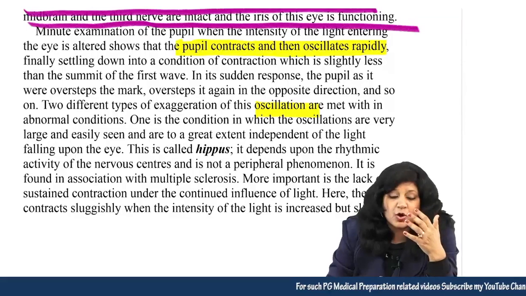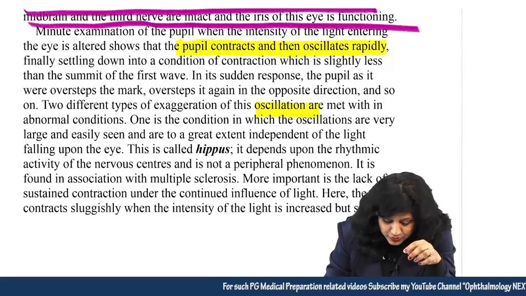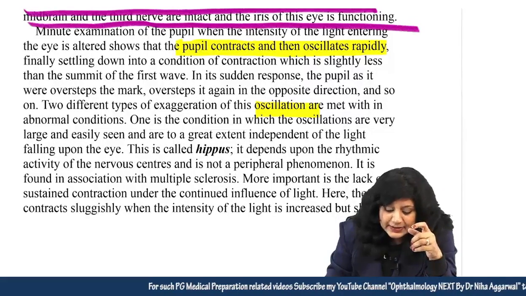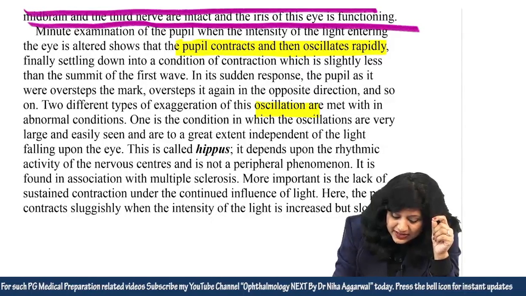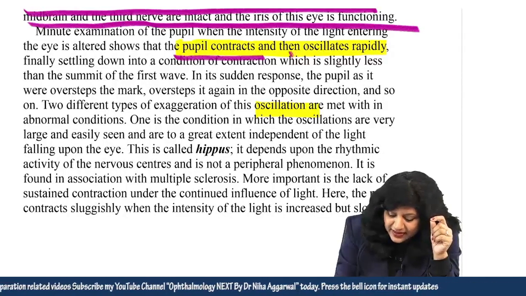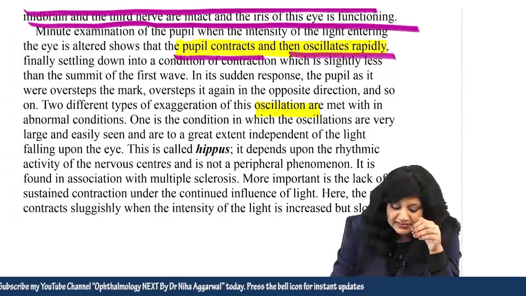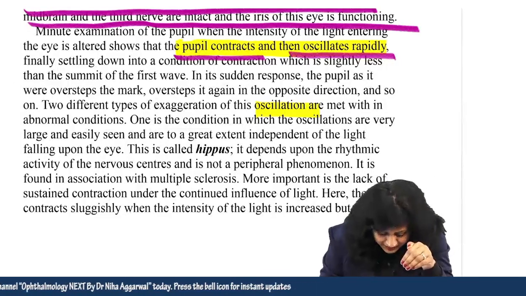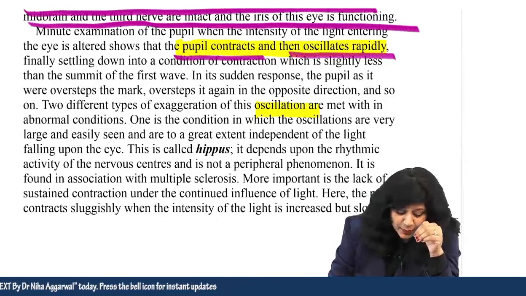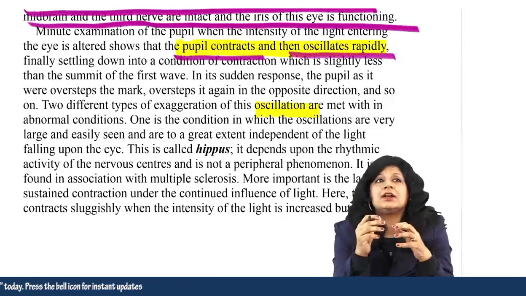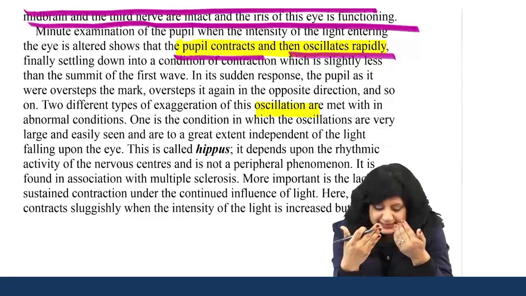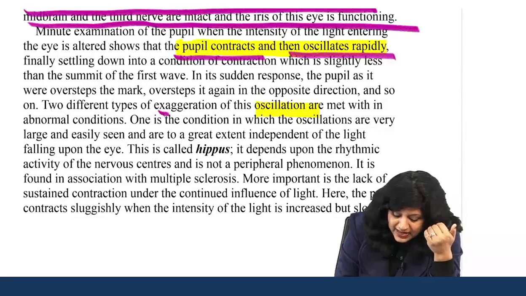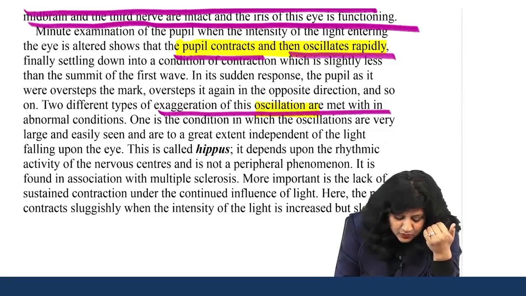What they are saying is that the pupil contracts and then oscillates rapidly, finally settling down into the condition of contraction. So in its sudden response, what is happening? The pupil is going in the opposite direction. So it looks as if it is oscillating.